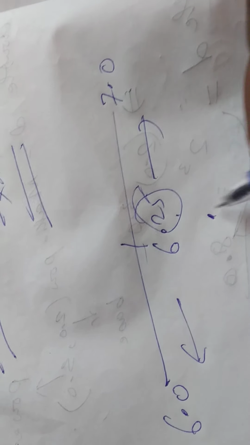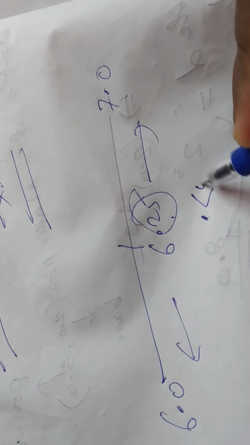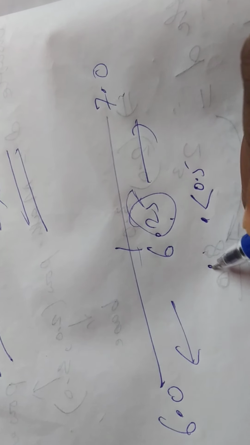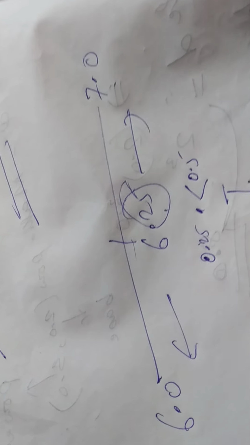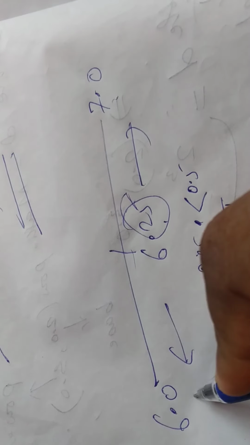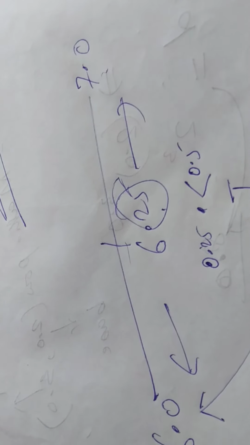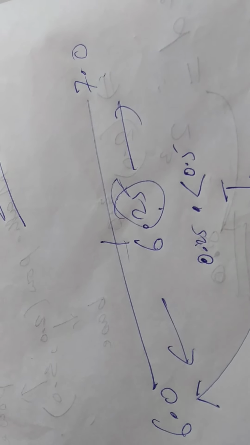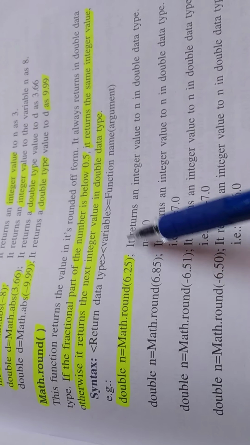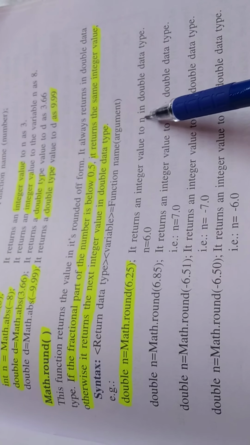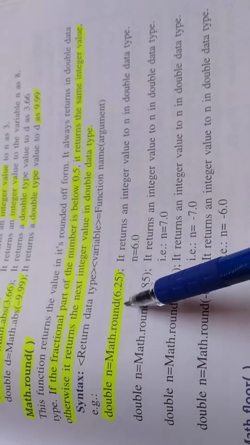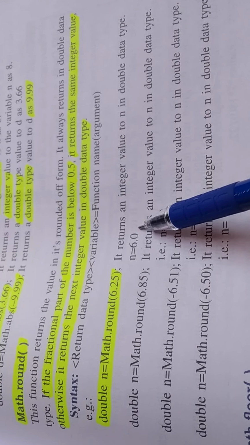Now see this point value. Is 0.25 less than 0.5? Yes, true. If it is true, then it will print the lower value. So the answer is 6.0. It will return an integer value to n in double data type, that is, n is equal to 6.0.